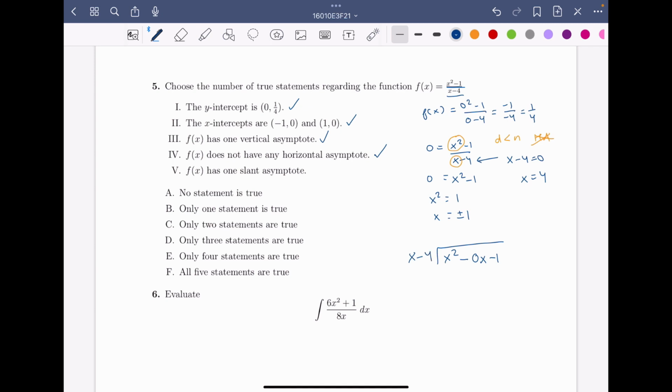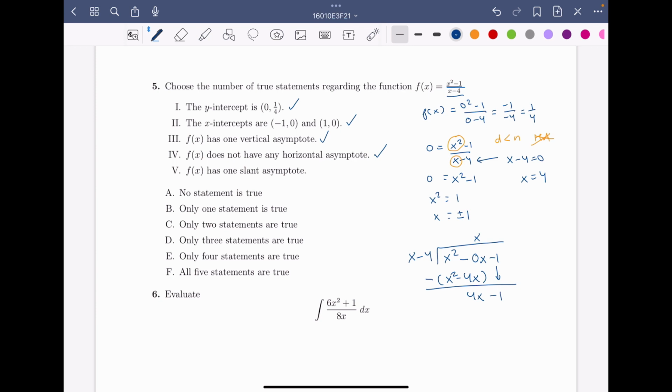To get x squared, we need to multiply by 1x, so that would be x squared minus 4x, and then we bring down the negative 1.